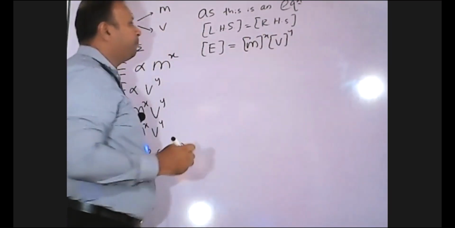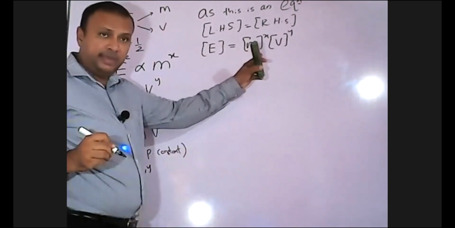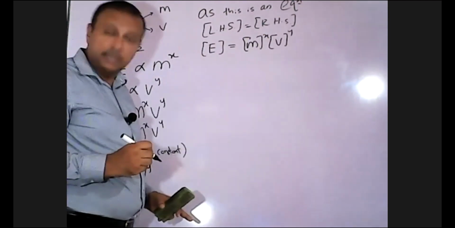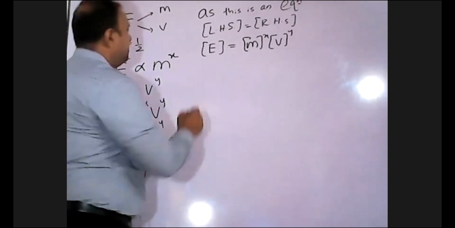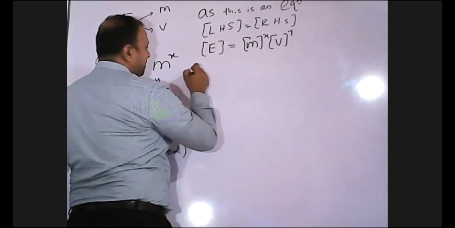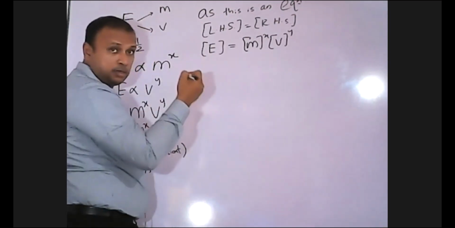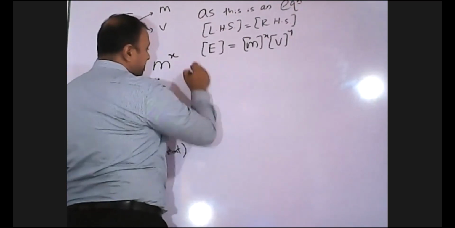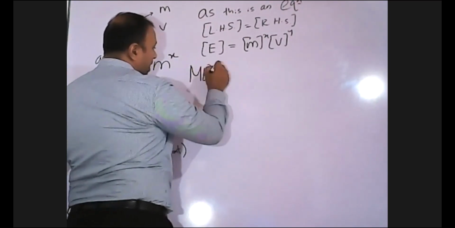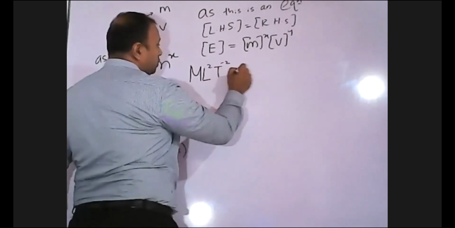So you have to apply the dimension of each physical quantity and simplify this one. The dimension of E is energy. Energy means M L squared T minus 2.